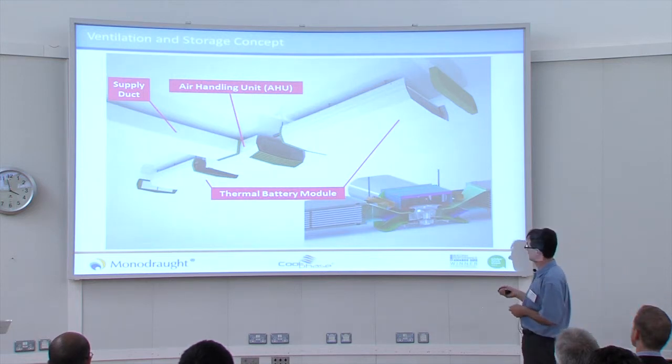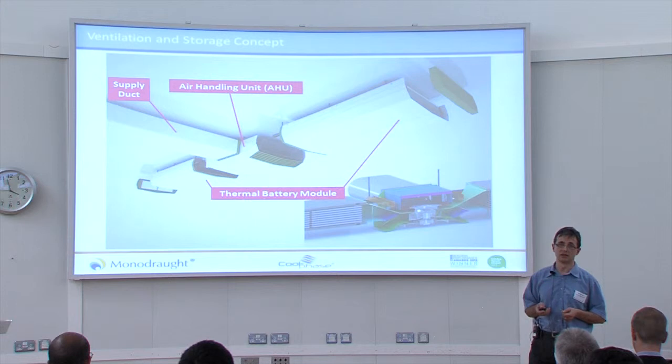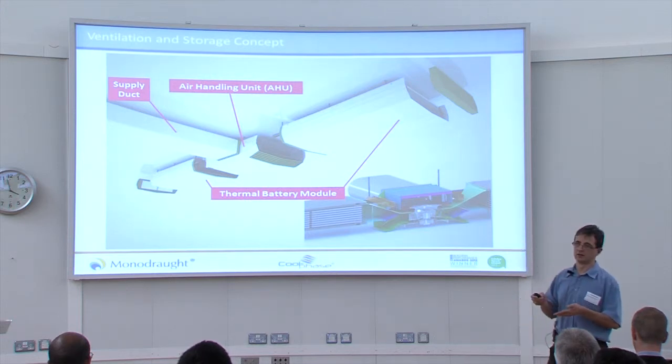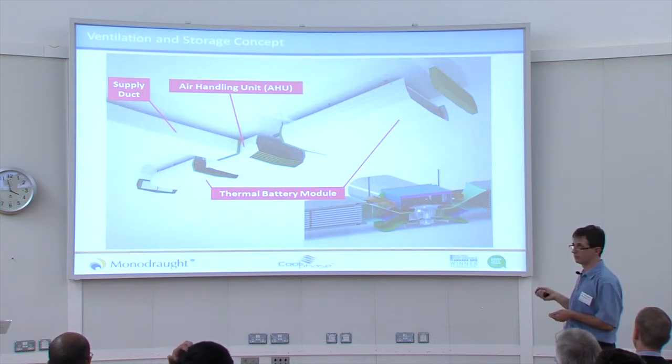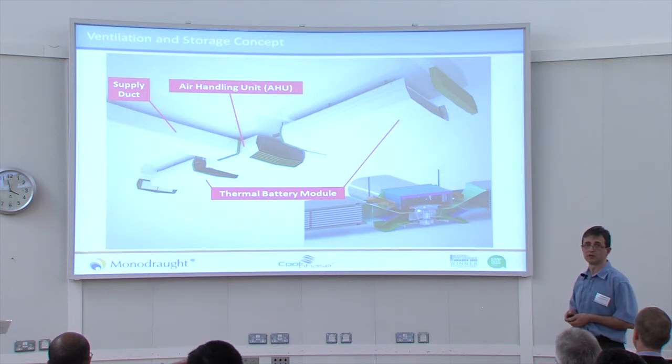The heat exchanger itself is basically a parallel plate heat exchanger, with flat panels filled with PCM material. This is commercially available, so we are just using this stack, and we have forced convection through this heat exchanger.